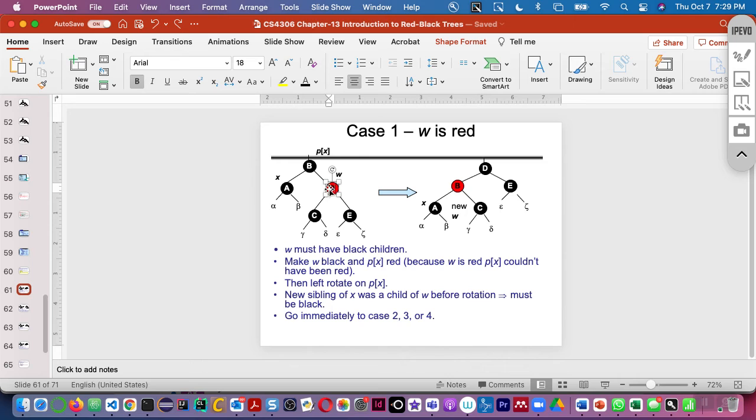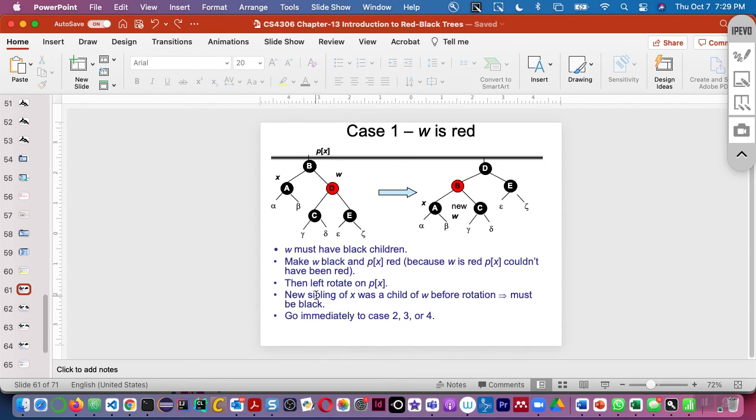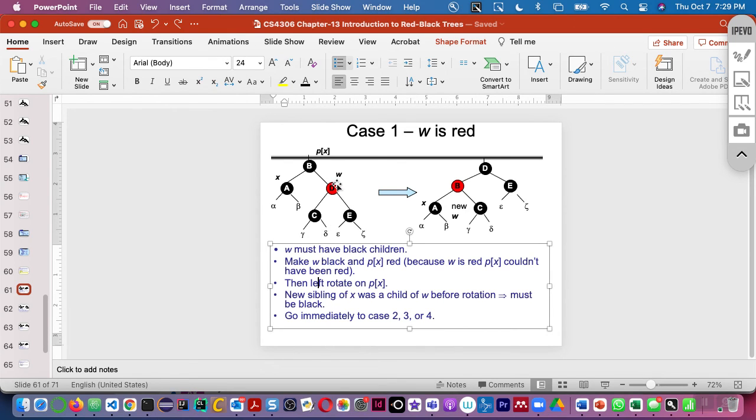We know that if it is red, then both children are black. These black children are not leaves; the leaf level is alpha, beta, gamma, delta, epsilon, phi, which are null values, but we are considering A, B, C, D, E, F like this. Then what do we need to do? We need to do a left rotation.